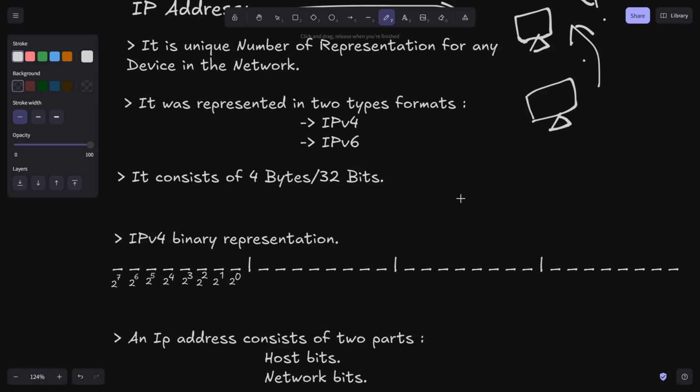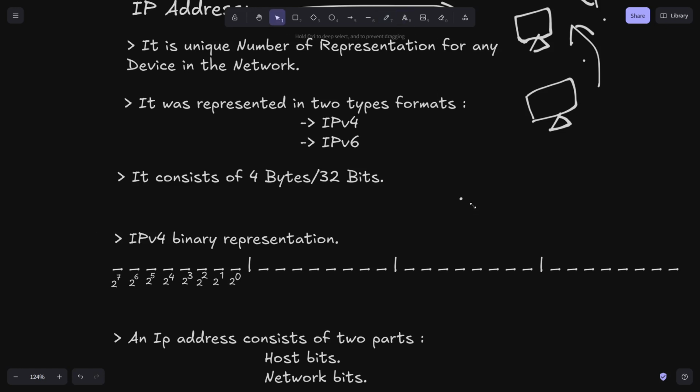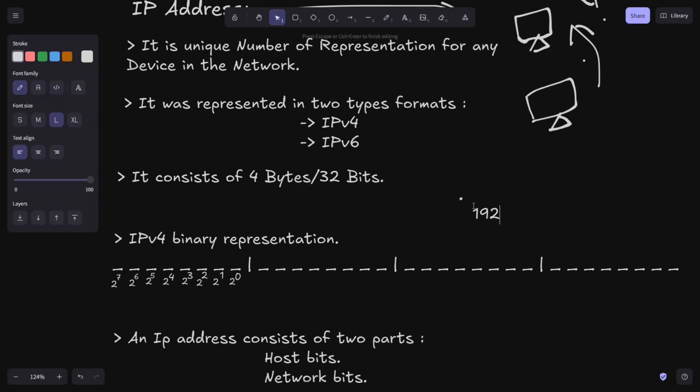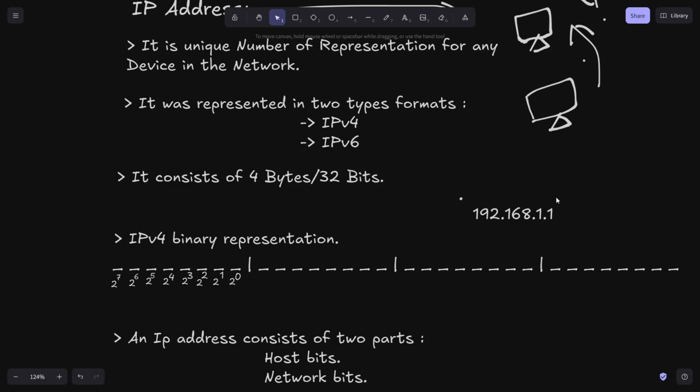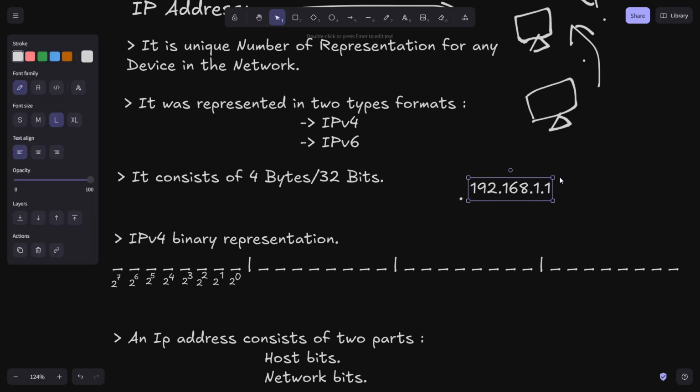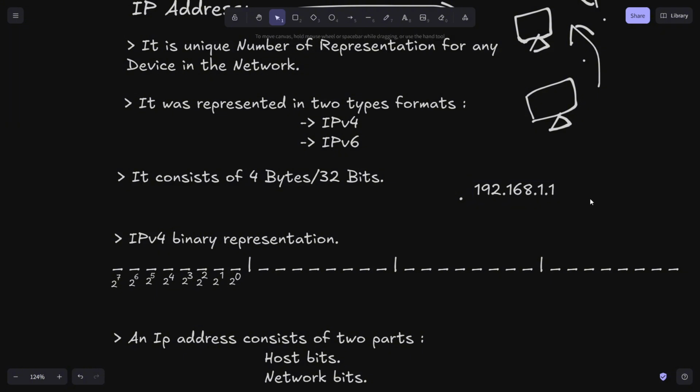If you see how an IPv4 address looks, it is like 192.168.1.1. It is a class C IP address.